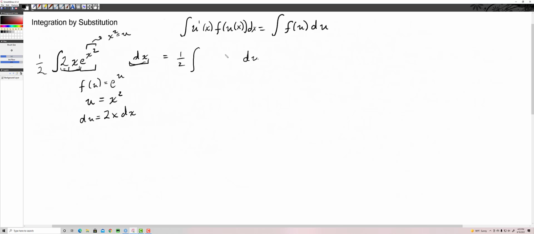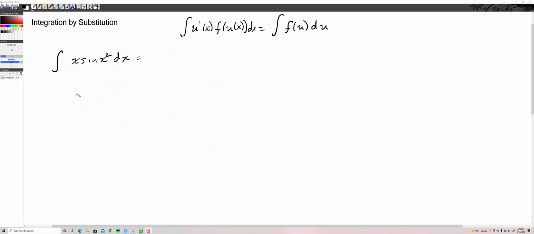So I've got my du, which was 2x dx in this integral, and I've got my e to the u, and of course the integral of e to the u is just e to the u plus c. Now we can't forget to make sure and go back into x's. That's what they wanted to begin with, so here we go. And that's our integral.